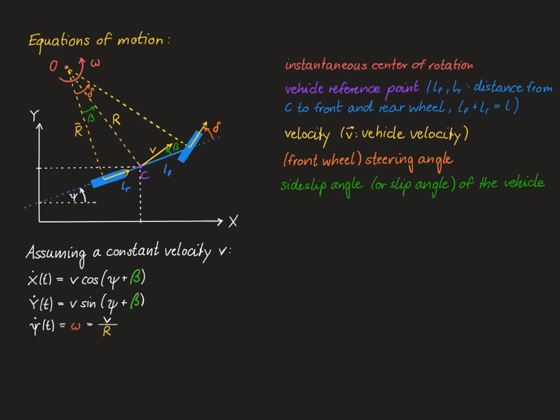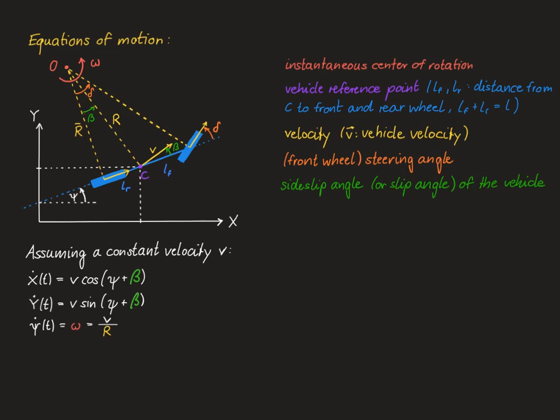To do this, we have to use a little bit of geometry. So first of all, let's call the distance from O to the center point of the rear wheel r bar. And then second, observe that the steering angle delta appears again here, and the sideslip angle beta appears again here.